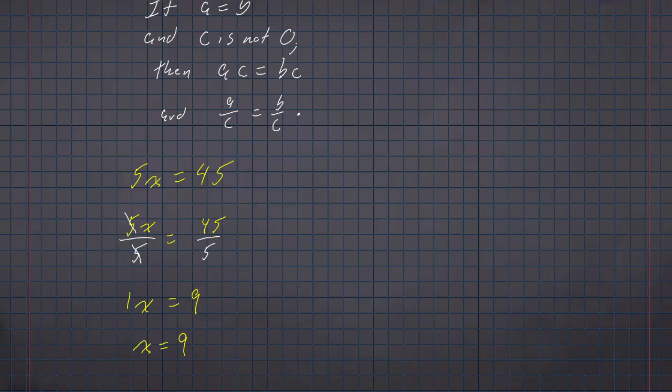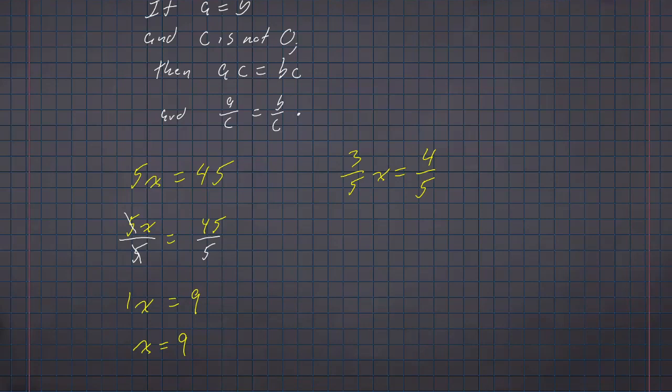The really nice thing about the multiplicative property is that you can use it to make fractions disappear. 3/5 x, sorry, I actually wrote the wrong thing down. 3/5 x is equal to 4/5.